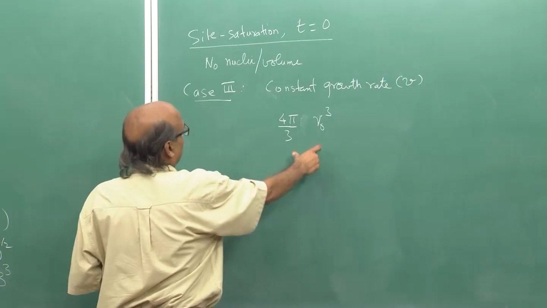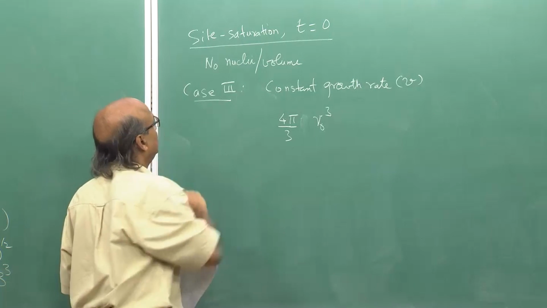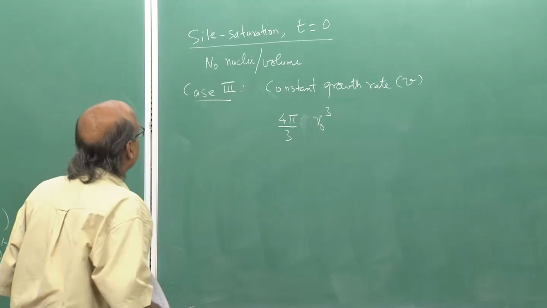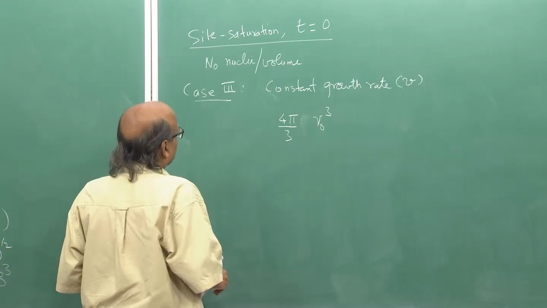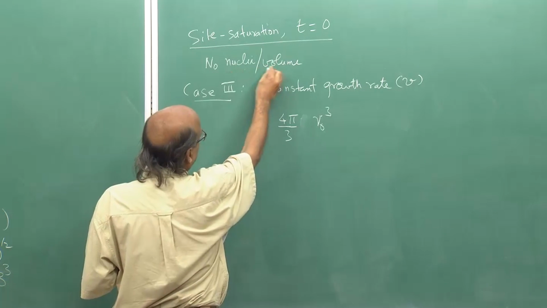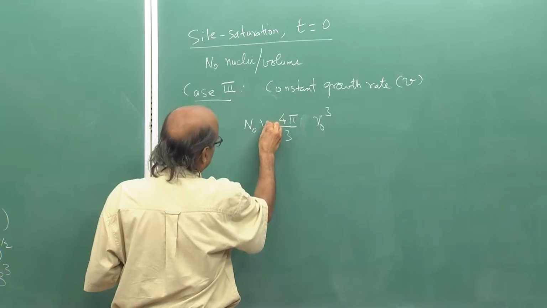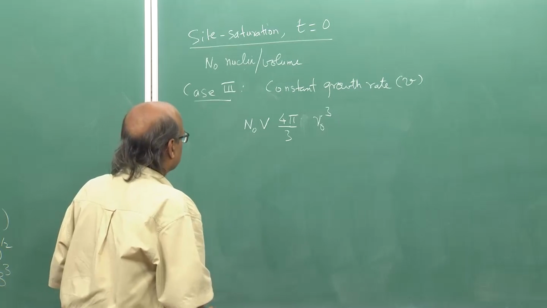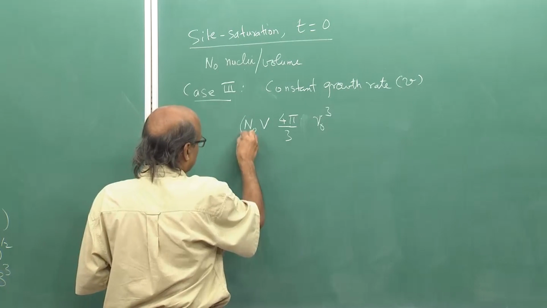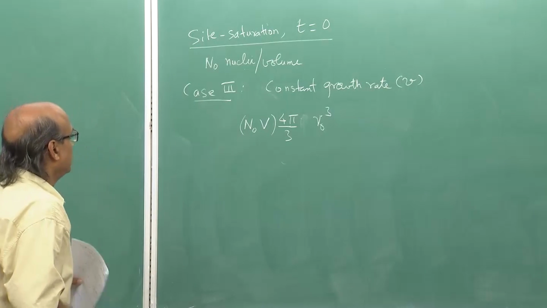The total extended volume would then be the volume of one nucleus multiplied by the total nuclei present in the system. The volume of the system we have been taking as V, and we have N0 nuclei per unit volume. Therefore, the total number of nuclei present at the start of the transformation is N0 times V multiplied by the volume of each nucleus.